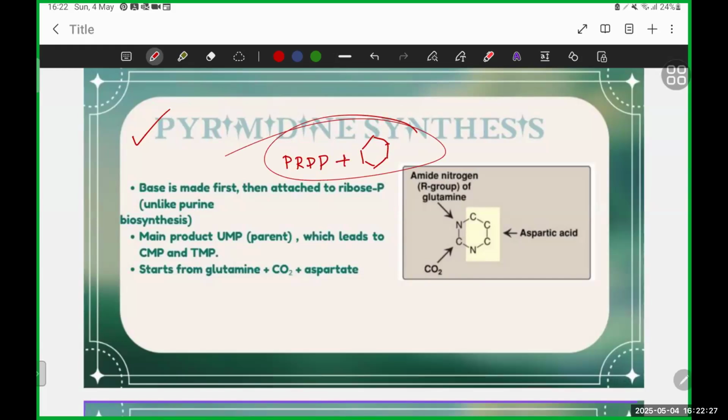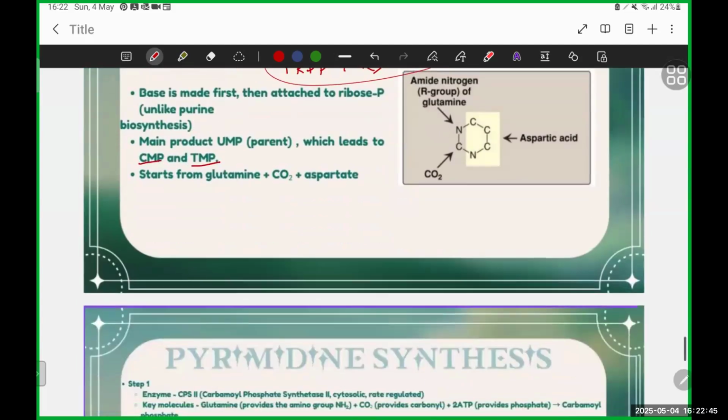In purine, your main one was IMP, right? In pyrimidine, you have UMP. That's your parent one. UMP is uracil, basically, which leads to CMP and TMP, which is cytosine and thymine. Now in purine, we use carbon dioxide, obviously, and for the nitrogens we need glycine, glutamine, and aspartate.